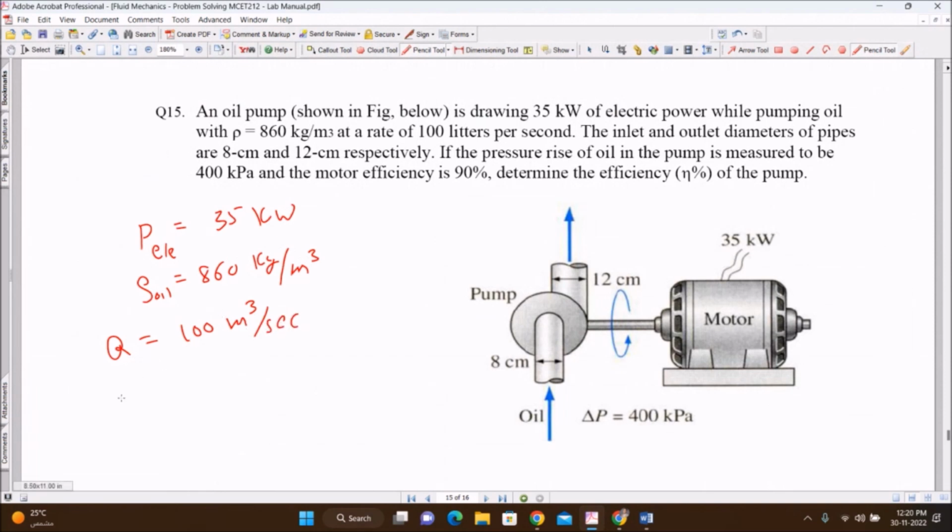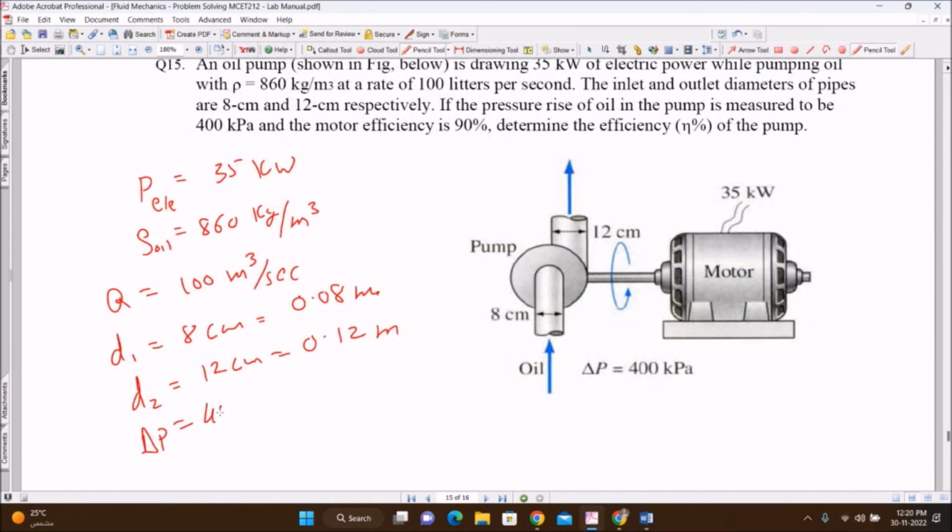The inlet diameter D1 is 8 centimeter, 0.08 meter, and D2 is 12 centimeter, 0.12 meter respectively. The pressure rise of the oil pump is measured to be P equal to 400 into 10 to the power 3 Pascal. This is an electric motor, and the electric motor efficiency, not the pump, is 0.90.